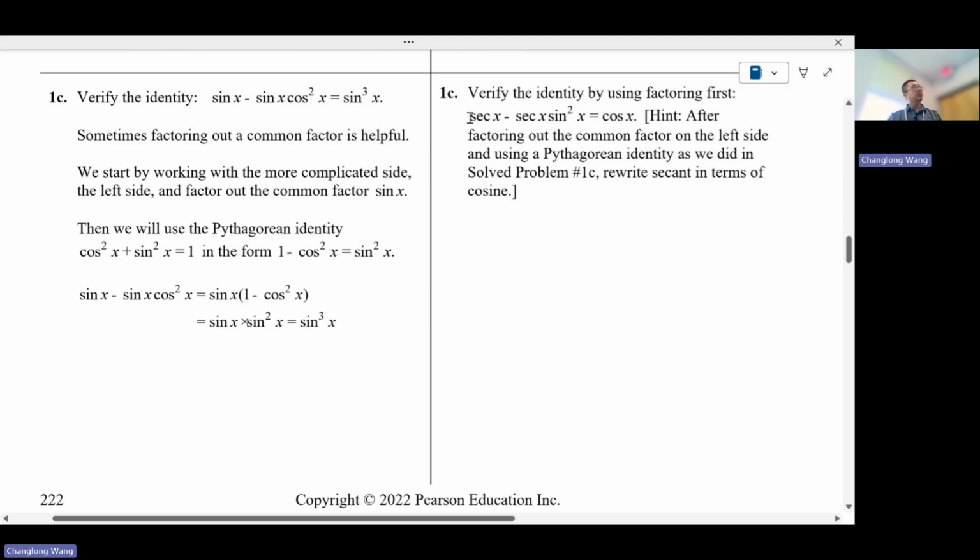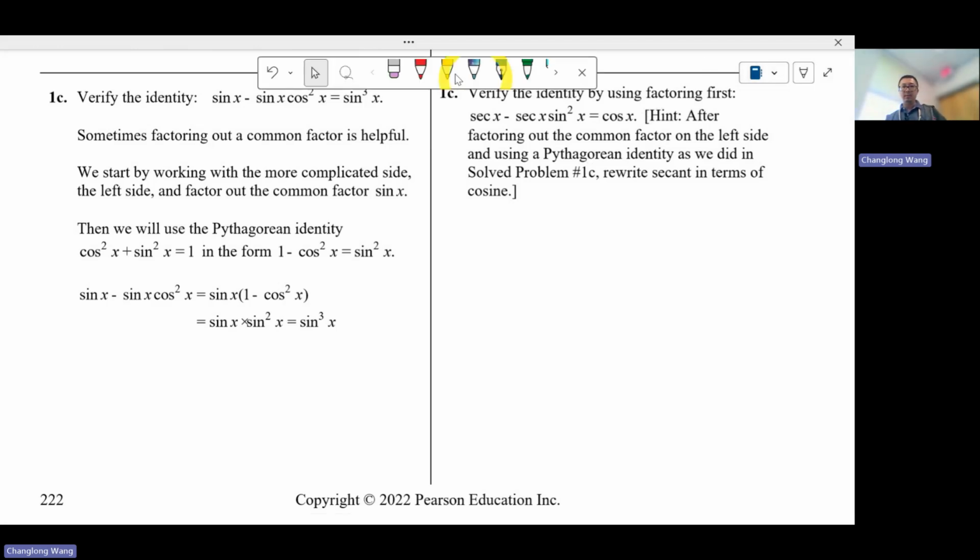And of course, you can see right away that the secant x can be factored out. But then still, there's no way you can see that the left hand side is gonna somehow turn into the right hand side. I think that's probably better to put down once you factored out the secant.